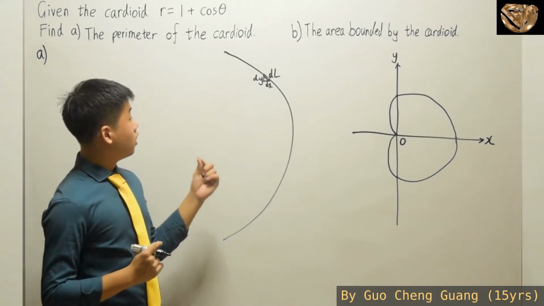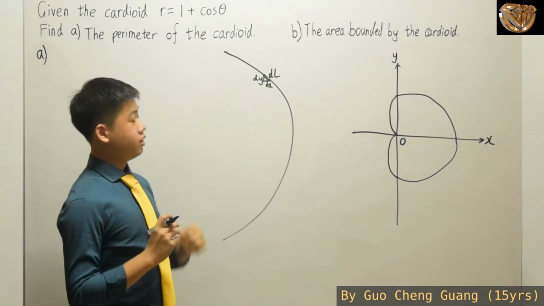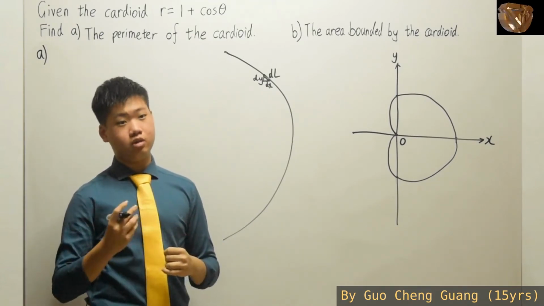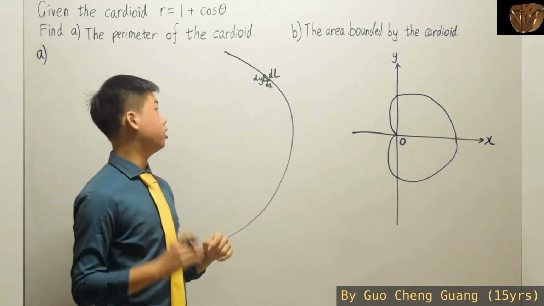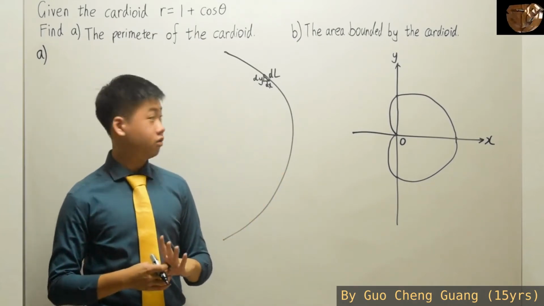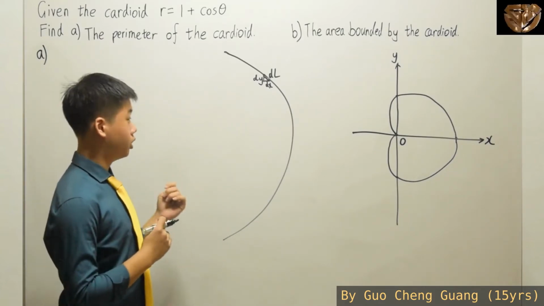In order to find either this so-called dx or dy, we're not going to change that equation into parametric equations. No, we're not going to. Instead, we're just going to keep it in polar coordinates for now. So how exactly do we find it in polar coordinates?